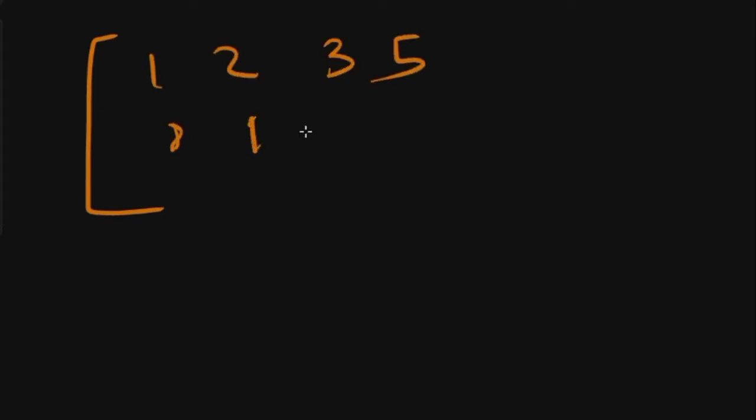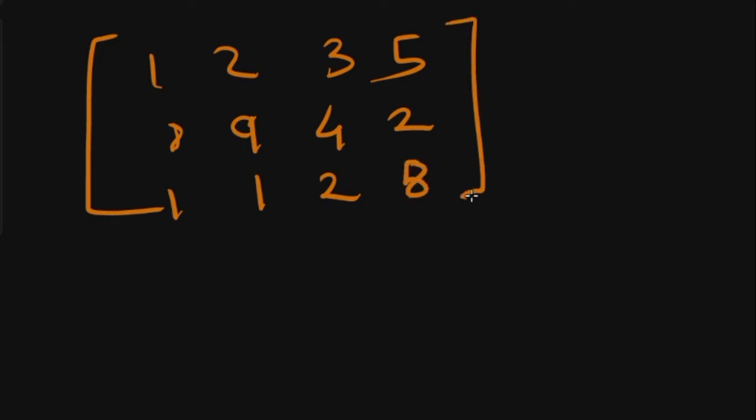So first of all, let's create a simple matrix: 1 2 3 5, 8 9 9 4, 2 1 1 2, 8 maybe. These are some random values.